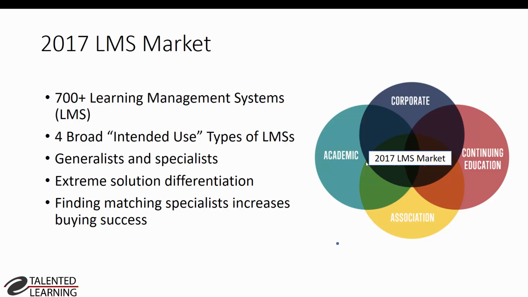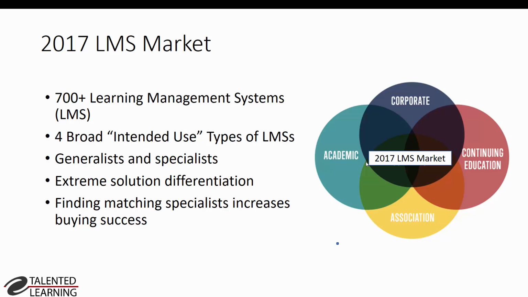These 4 broad types of LMSs have a whole range of vendors from dozens to hundreds that compete in each one of these broad circles. And those vendors range from vendors that are meant for your first LMS and entry-level solutions all the way to large-scale global deployments.